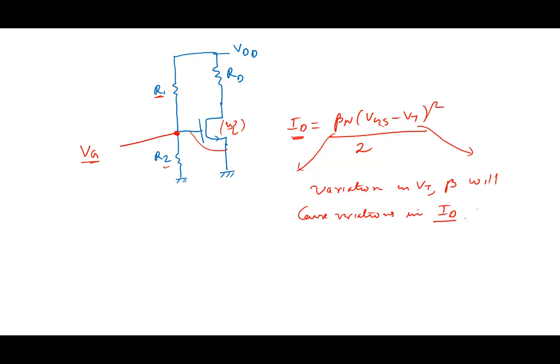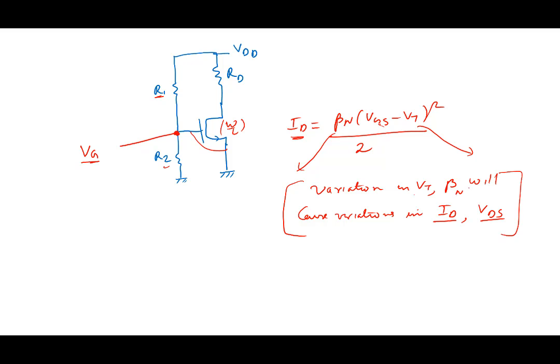And if ID varies, then VDS also will vary, so the bias point will vary. That's the problem. Any variation in VT and beta will cause a direct variation in current. So just like we wanted a beta insensitive circuit, we also want a circuit which is less sensitive to variations in VT.